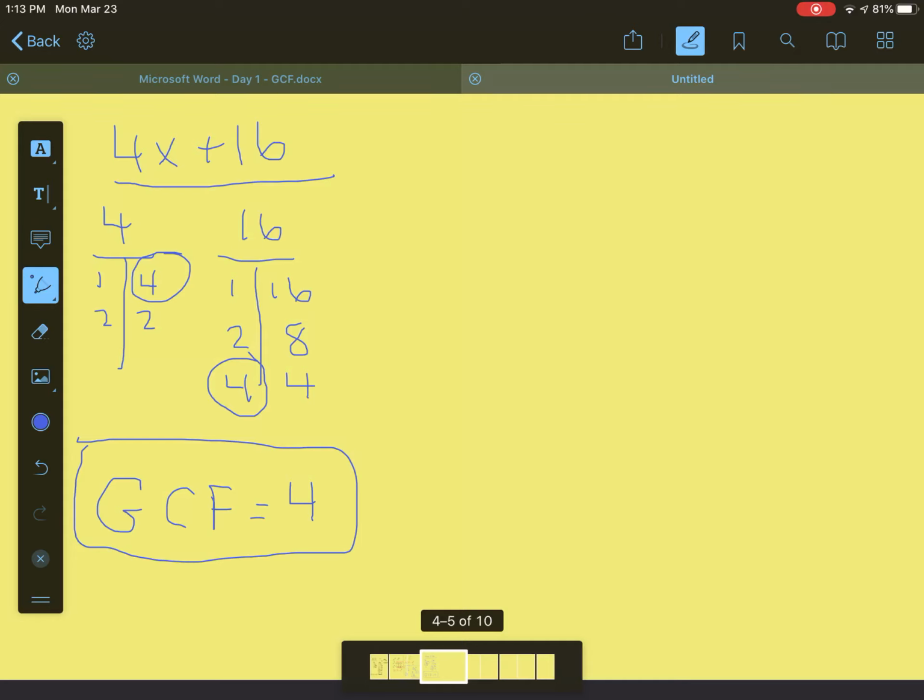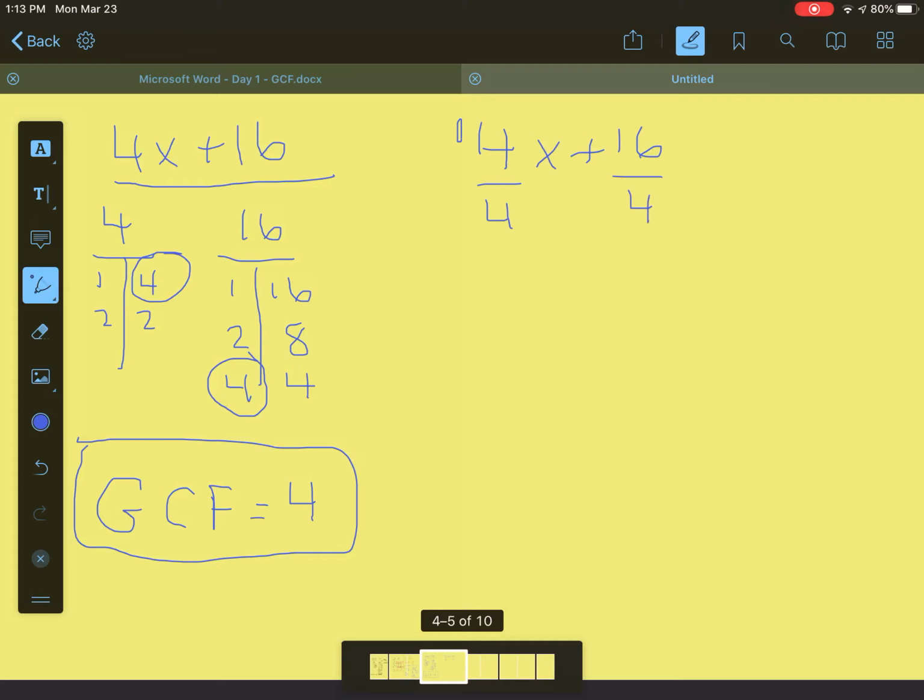Now our second step is we need to pull out the GCF from our original problem. What I mean by that is we're going to divide it out. So I'm going to take my original problem, 4x plus 16, and divide each piece by our GCF, which in this case is 4.